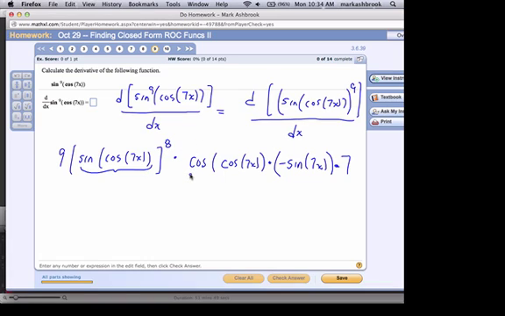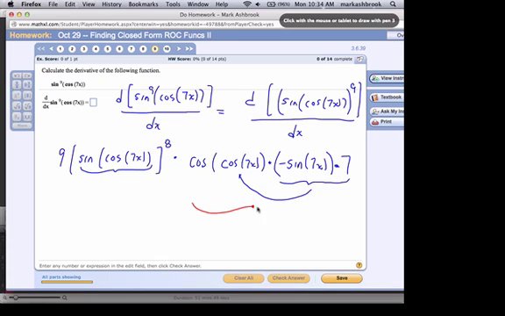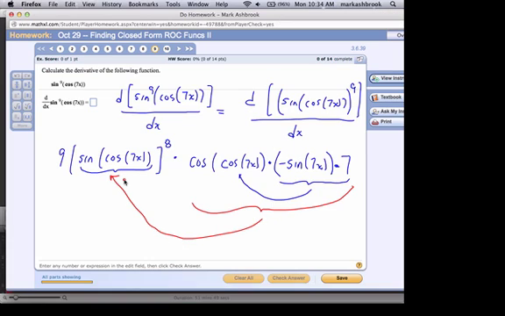So what we see is that 7, so here's a little chain rule. This is the rate of change of that. And this is the rate of change of that.